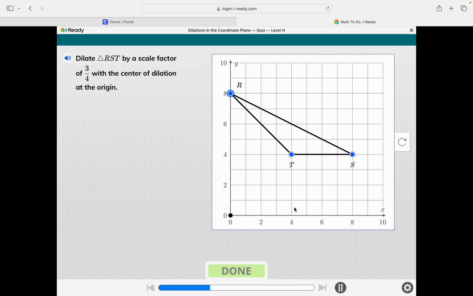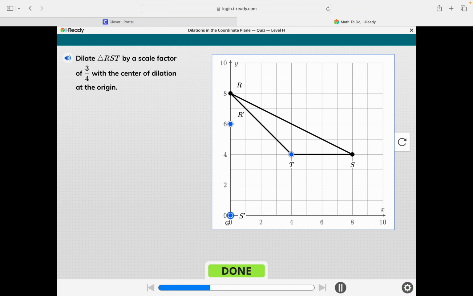You do R, I do S, you do T. Now bring R to the origin. So when I bring it to the origin, what will happen, Subani? R becomes R prime. Go to 0, 0 is right there. And then go up to 6. Right there. S, my turn. So bring the S to the origin.